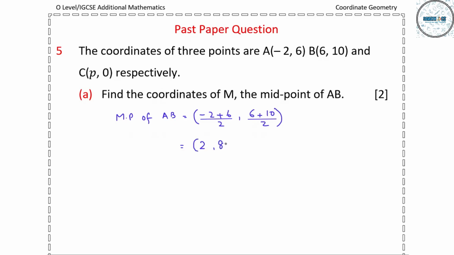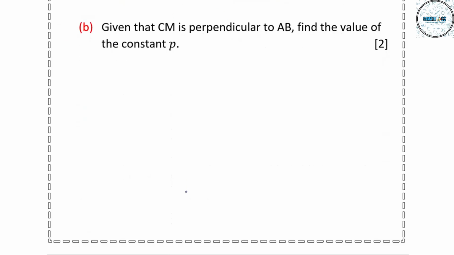So the coordinates of midpoint of AB is 2, comma 8. So which are the coordinates of M? Given that CM is perpendicular to AB, find the value of the constant p.